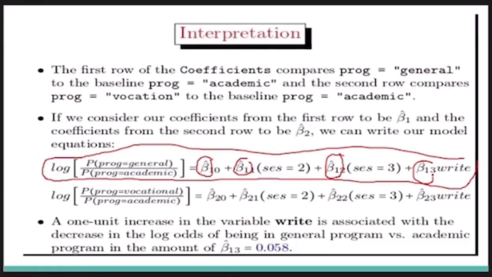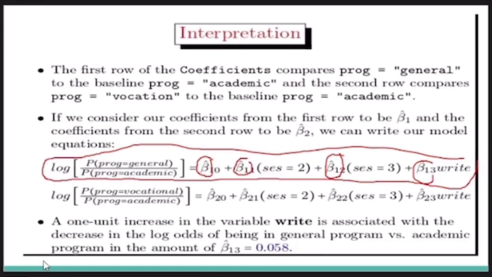Is there anyone? Okay. Now, the moment you've written down the fitted model, the next thing is how do we interpret? Interpretation matters a lot. For instance, I want to interpret B13.